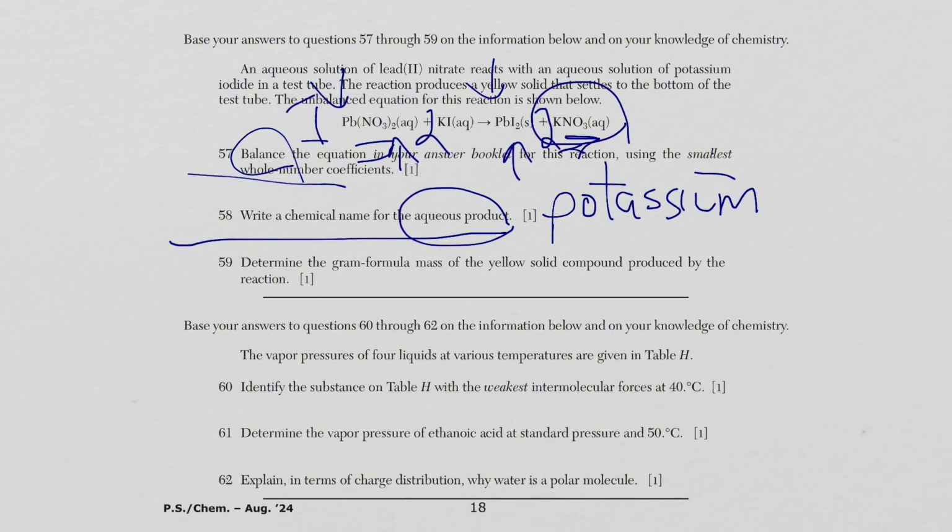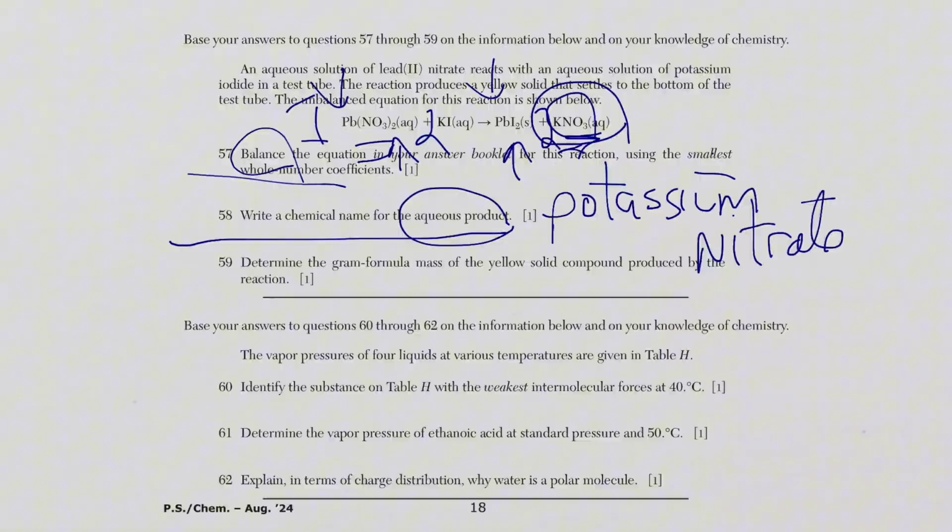Don't get creative. This is not potassium, nitrogen, oxygen or something. No. I have to find the name of the polyatomic ion. And if you don't recognize it as nitrate, which it is, this is potassium nitrate, of course, you can go to the reference tables and play the matching game.